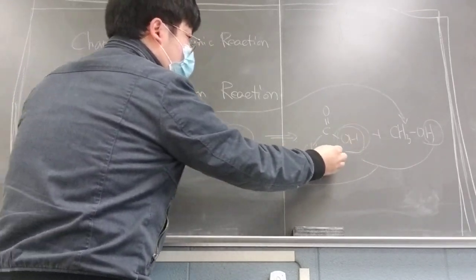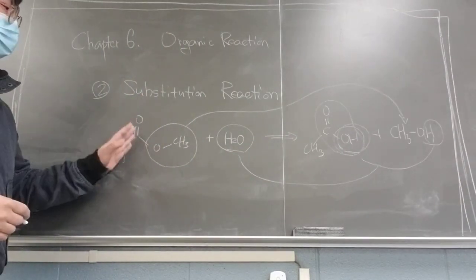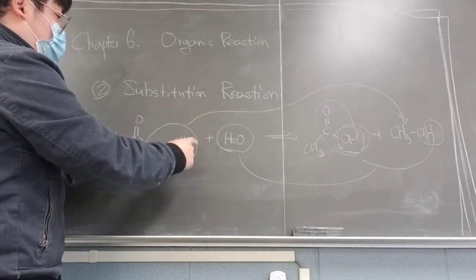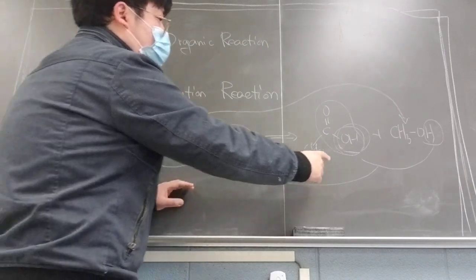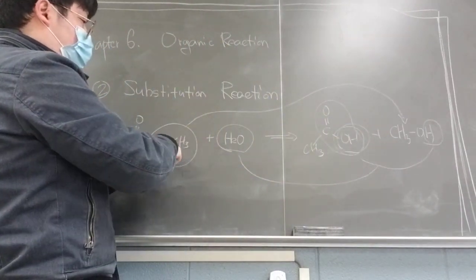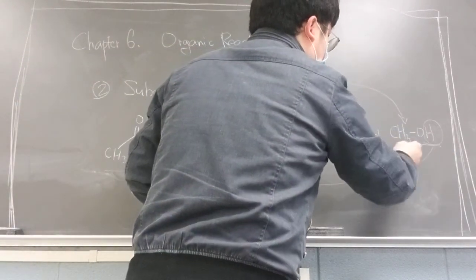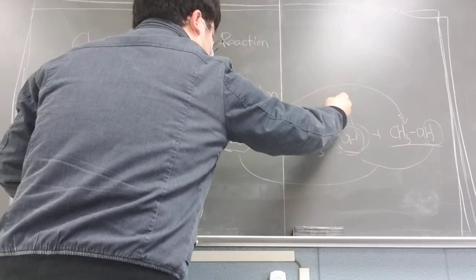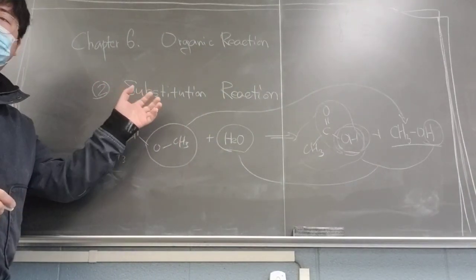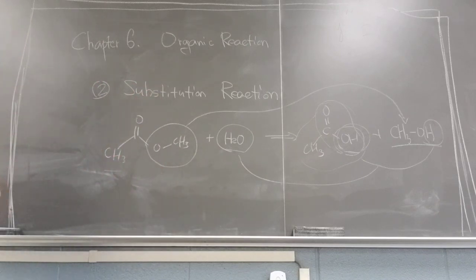So it makes a carboxylic group here instead of the ester. We substitute these groups with water, like just the hydrogen goes to the pre-existing group. We're taking the hydrogen here to become ethanol, and they become carboxylic groups over here. This is why we call this reaction a substitution reaction. It kind of substitutes over here.